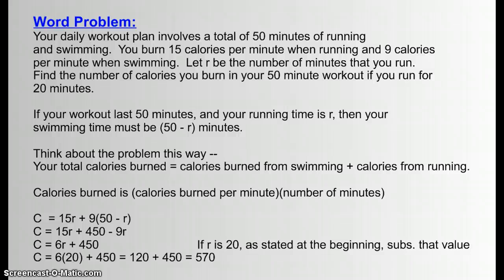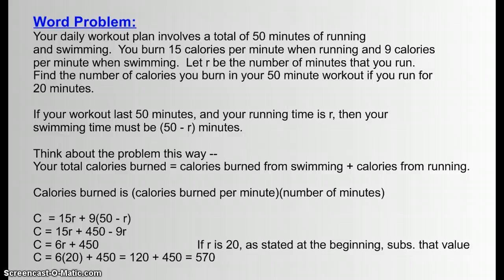You can think about the problem this way. Your total calories burned during your workout are your calories burned from swimming plus your calories burned from running. And remember that your number of calories burned is your calories burned per minute times the number of minutes that you do the activity.